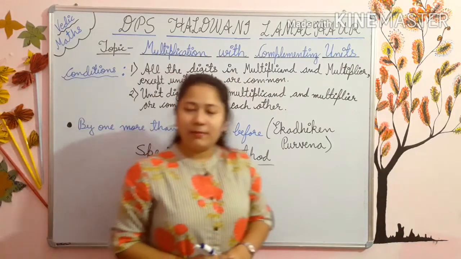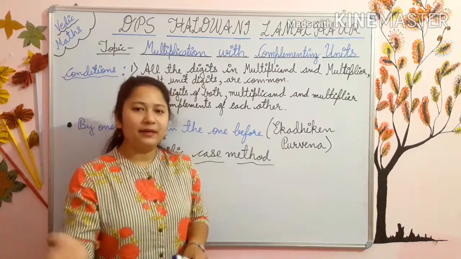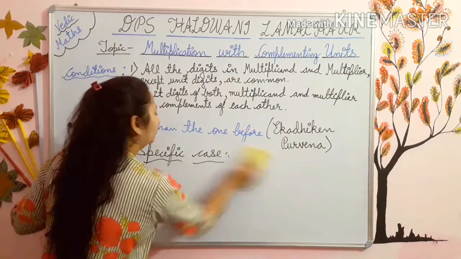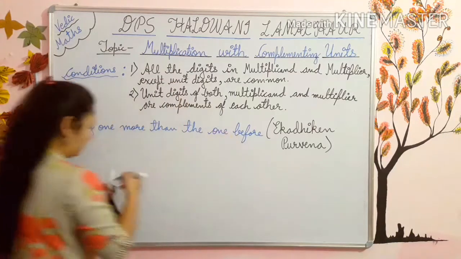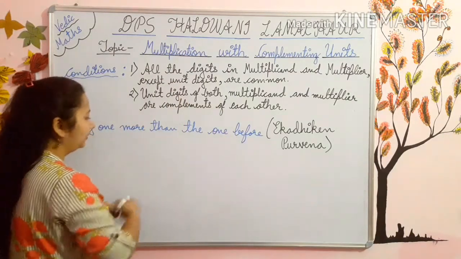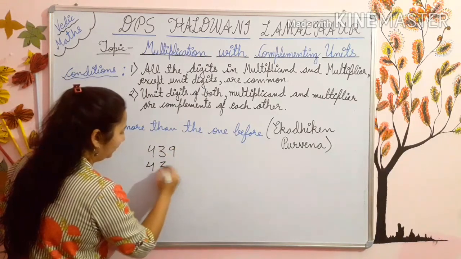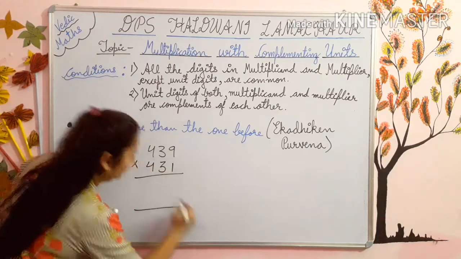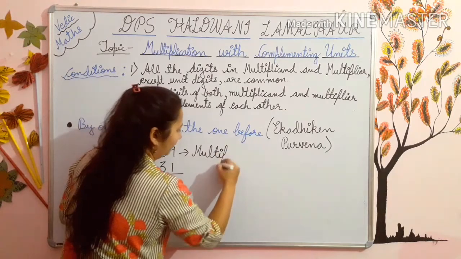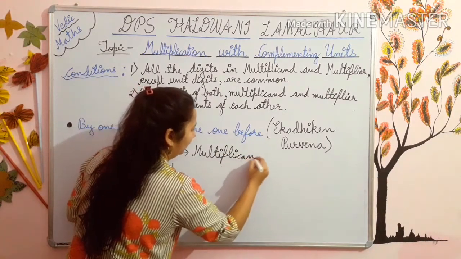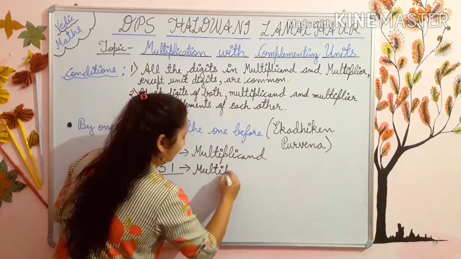Now students, do you remember that in my previous videos I told you what a multiplicand is and what a multiplier is? Now again I will tell you. If I take a number like 439 and 431, this number is your multiplicand and this number is your multiplier.